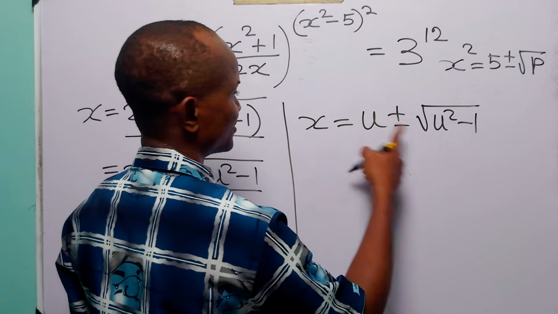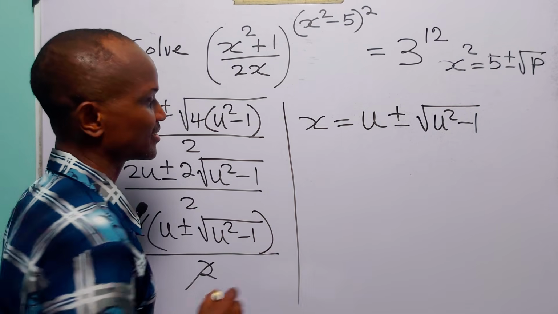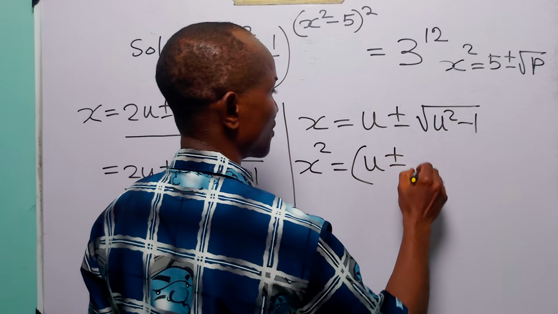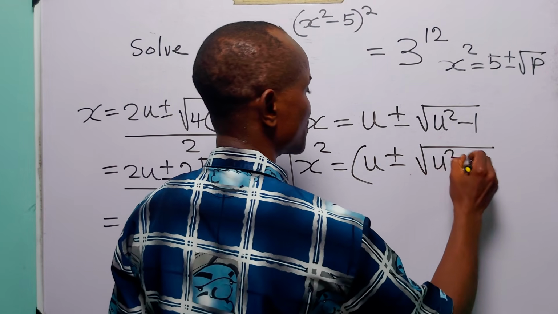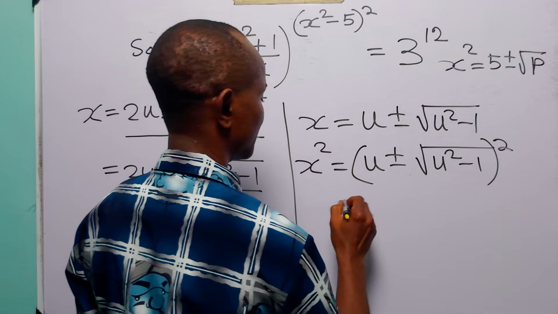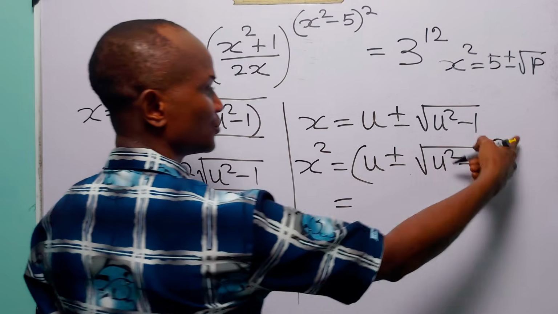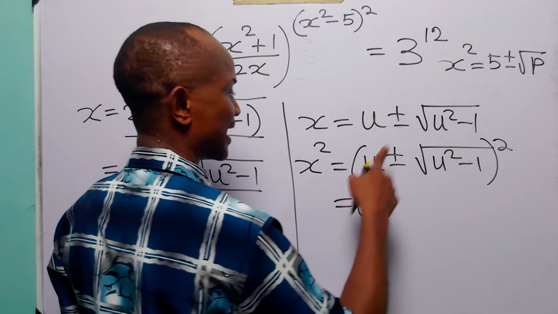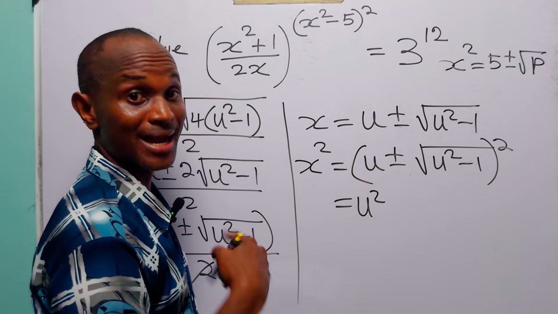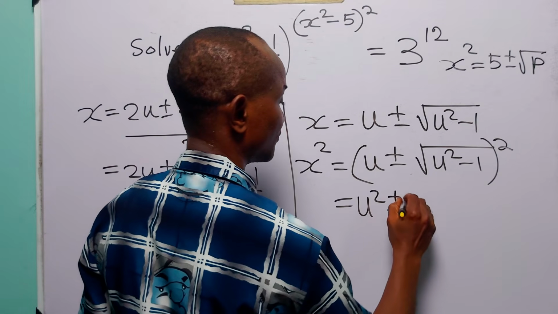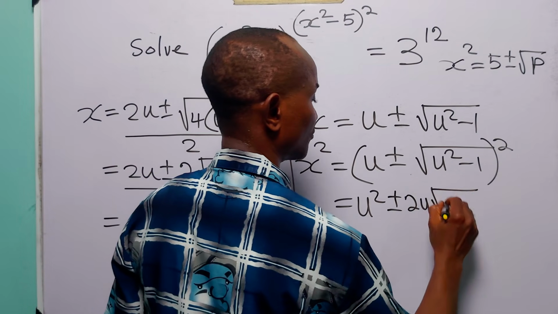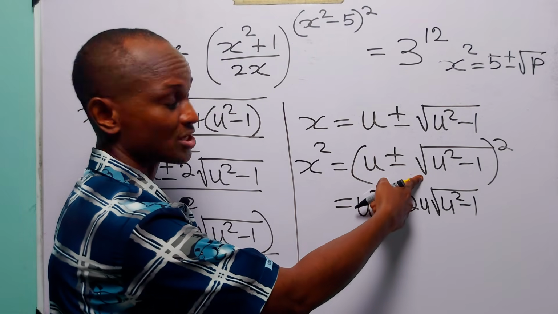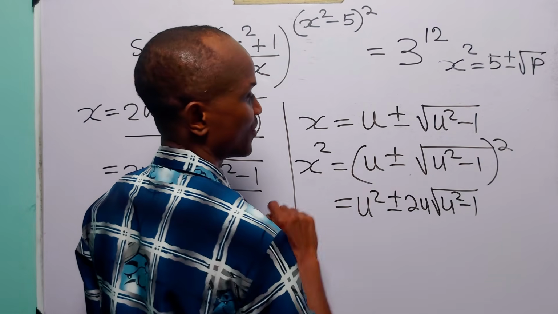Now let us square both sides of this equation to find the value of x squared. We have that x squared is equal to u plus or minus root u squared minus 1, squared. Expanding this, we have u squared plus or minus 2 times u times root u squared minus 1. And of course, we have plus or minus root u squared minus 1, squared.